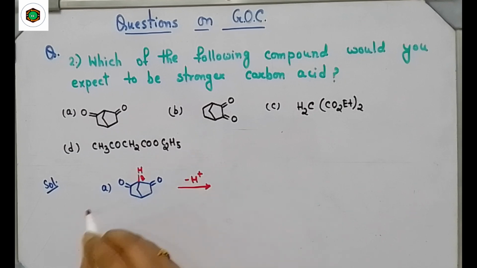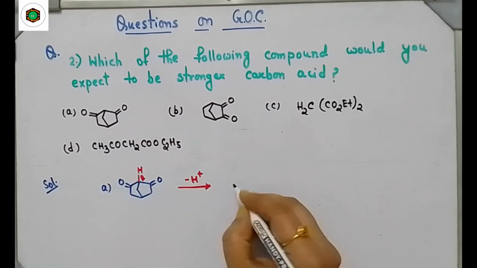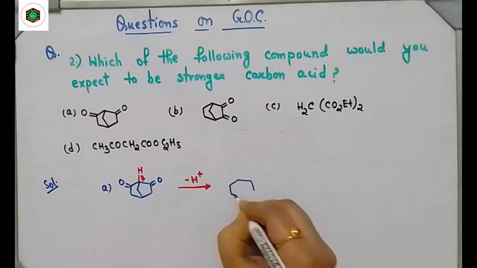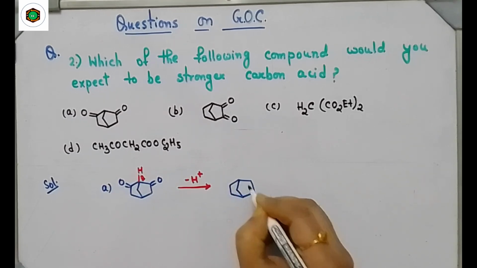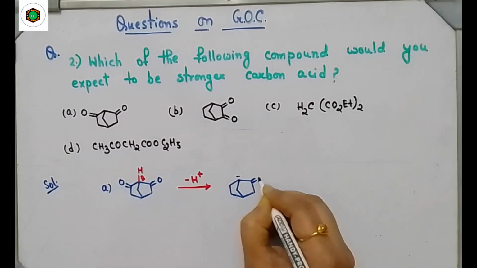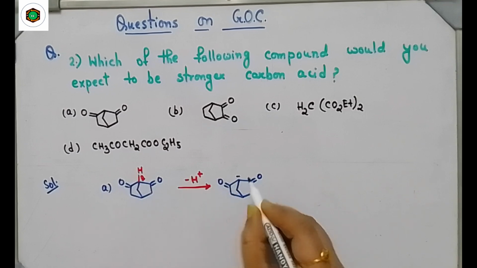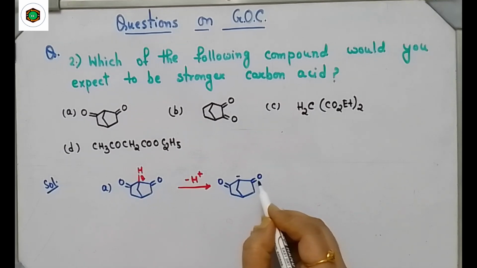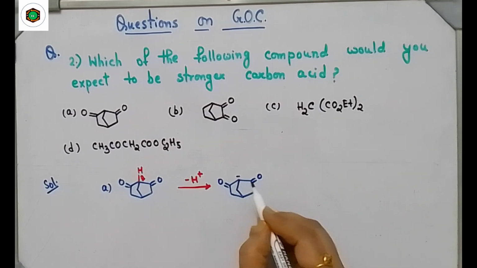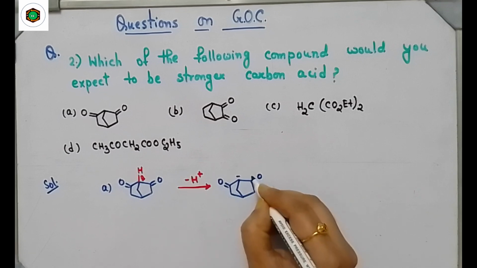We are removing H plus. So what we are getting? This carbanion we are getting. Now see here, at the adjacent position, a CO group is there. That means the negative charge and CO are in conjugation.